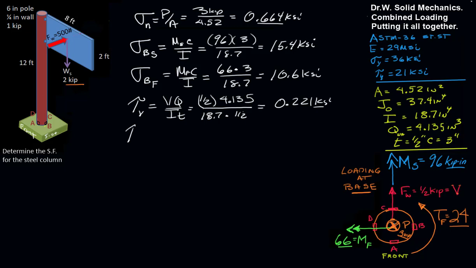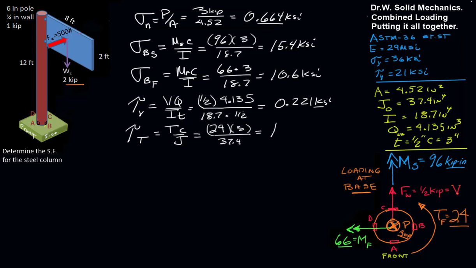And lastly would be tau due to the torque acting, which is T c on J. And again, here's where it's nice to have all of your numbers listed on the side. We can just pick them off the list. So the torque is 24 kip-inch times 3 on J, which is 37.4.